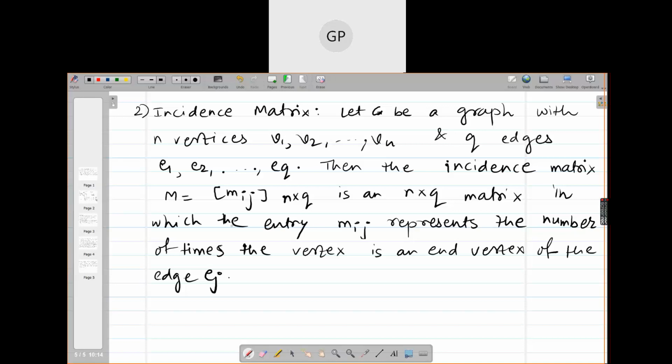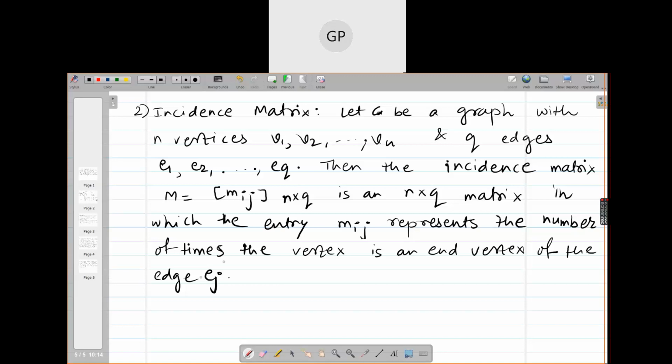That number will be either 0 or 1, or if it is a loop, then it will be 2. If the vertex is not an end vertex of that edge, then that entry will be 0. If the vertex is an end vertex of that edge Ej, but that edge is not a loop, then it will be 1 simply. And if there is a loop, it will be 2.